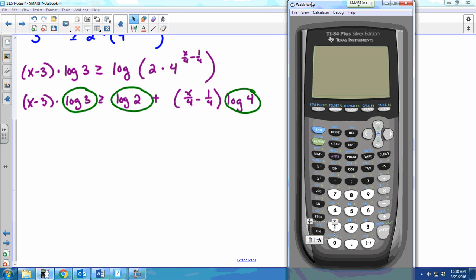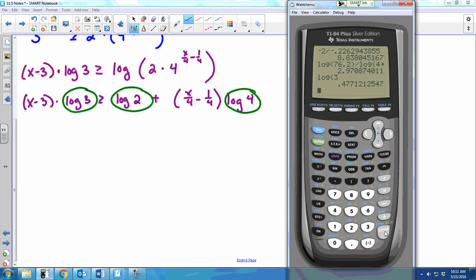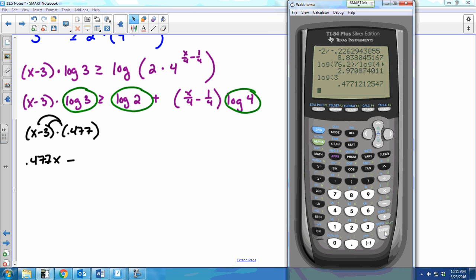So, log of 3 is 0.477. So I have x minus 3 times 0.477. If I have a number times a quantity, I have to distribute that, correct? So on the left-hand side, I'm going to have 0.477x minus 1.431.